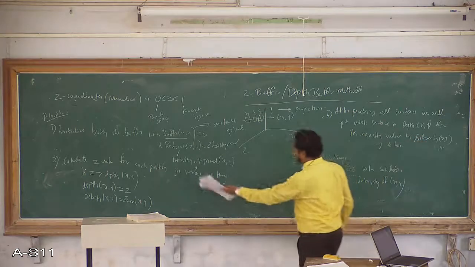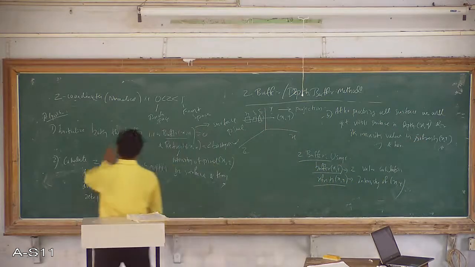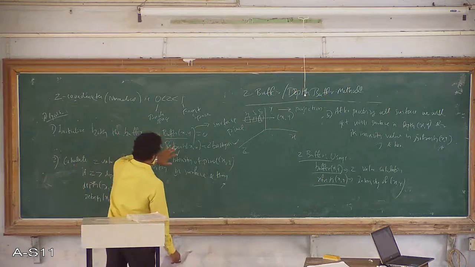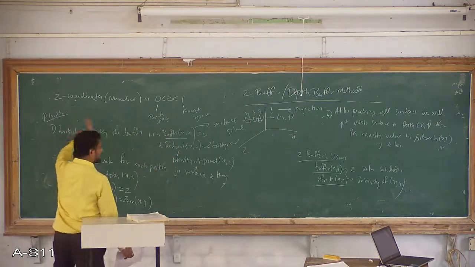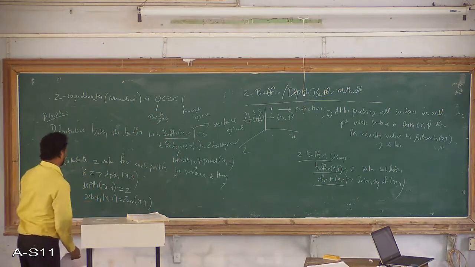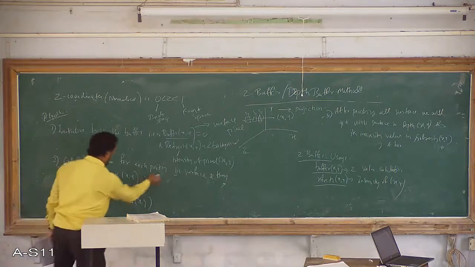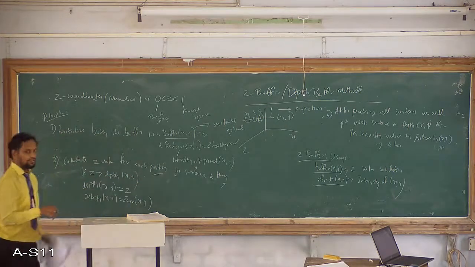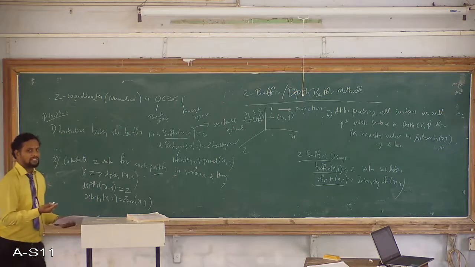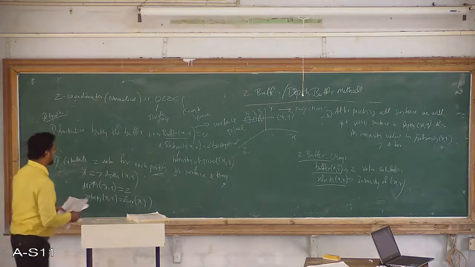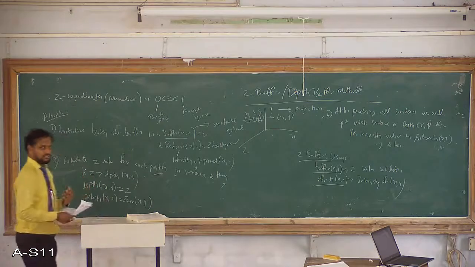After this, first we initialize the buffer and refresh buffers. Both the buffers are initialized. This is the first stage. Secondly, what you are supposed to calculate? Calculate the z value for each position. Whatever the surfaces, you have n number of pixels. For those n number of pixels, you are supposed to calculate the z values, that is the depth value.